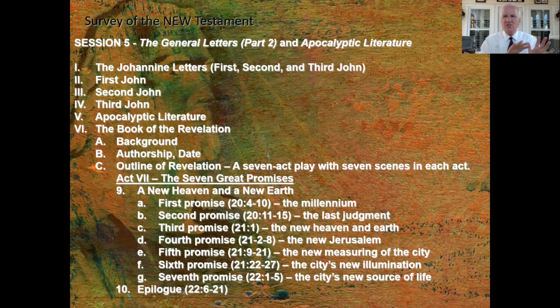And so basically, as you see these scenes unfold in the book of the Revelation, it's taking you through the end of time when God judges the world and then redeems the world, and out of the world recreates a new kind of heaven and a new kind of earth.